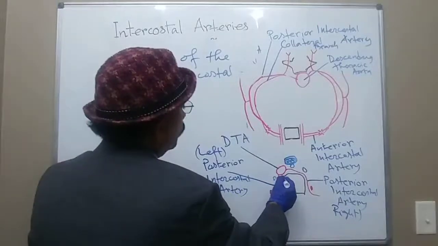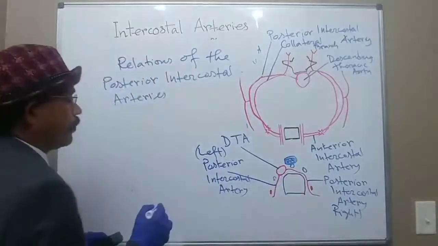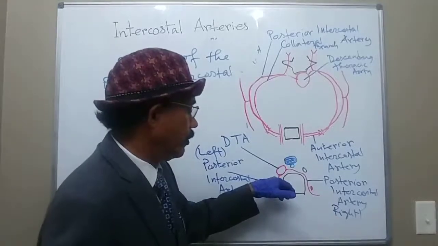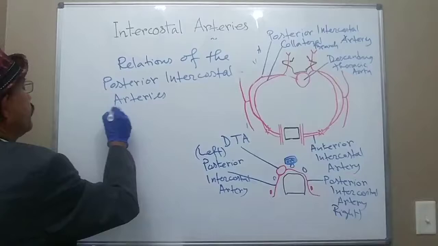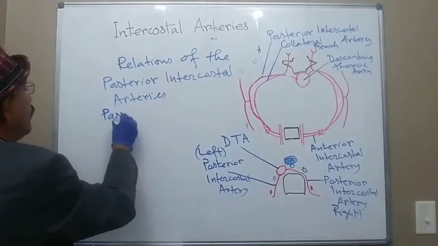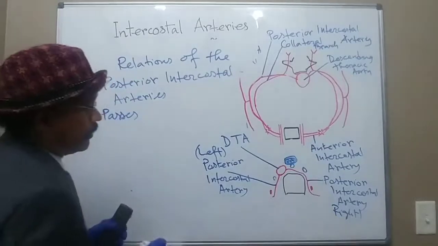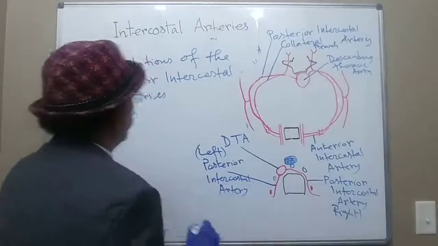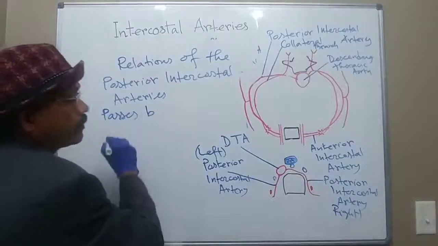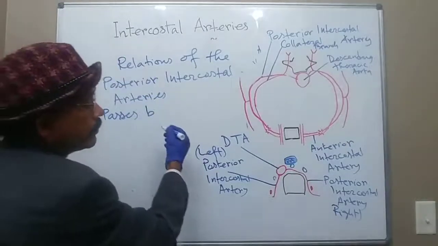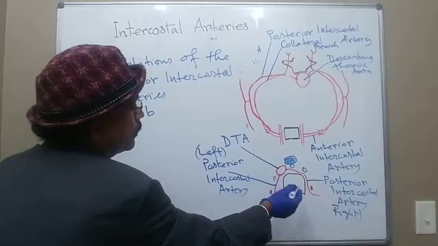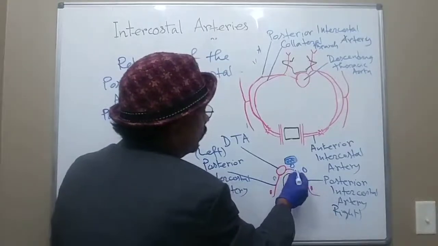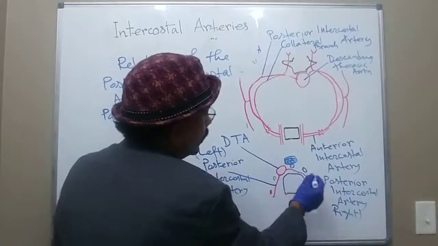The left posterior intercostal artery passes behind the... okay, so the artery passes. This is the aorta and this is the esophagus. This is the thoracic duct.